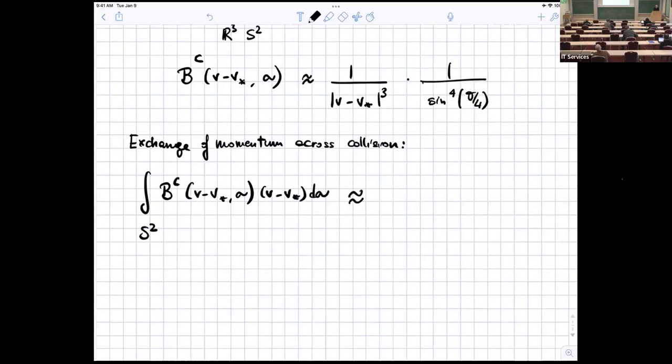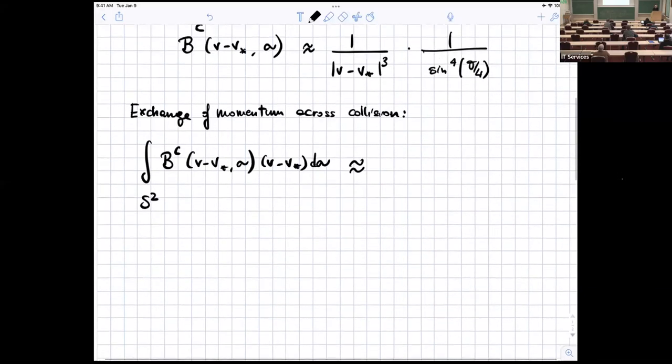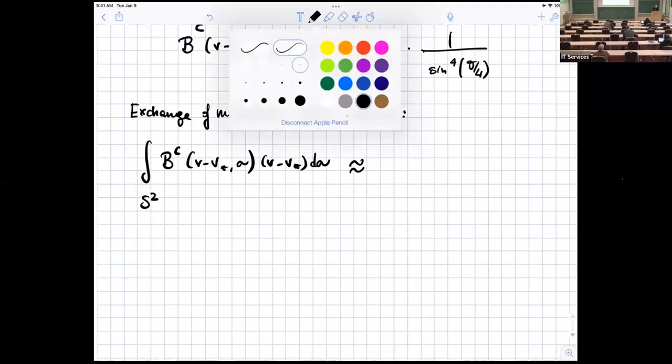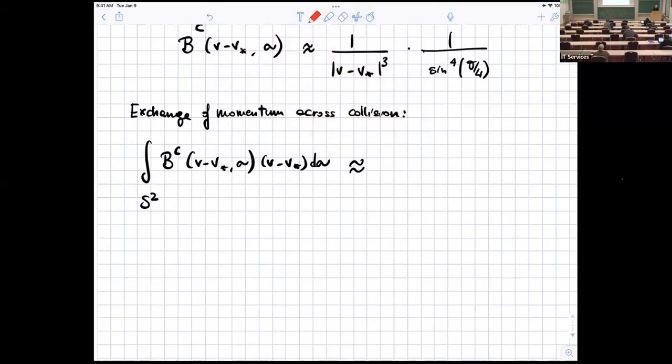After a couple of integration by parts and transformations, we see that this is proportional to the limit, when theta goes to 0, of a term which is v minus v star over the power 3, times, and this is the tricky part, the log of sine of theta over 4 or theta over 2, something like that.